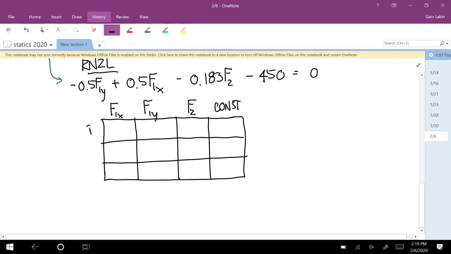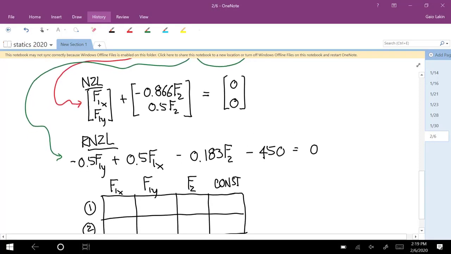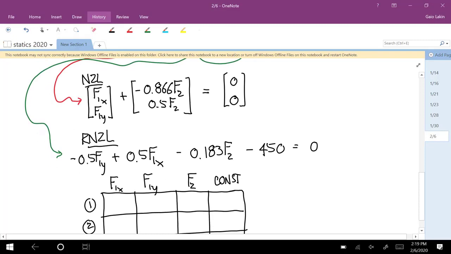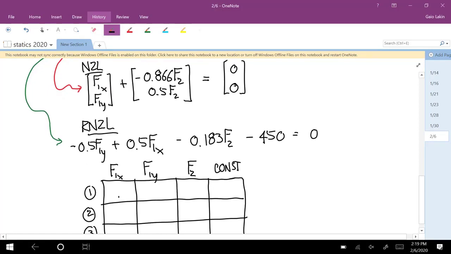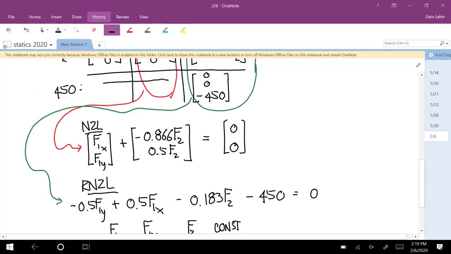And these are equations 1, 2, and 3. The first equation is the x component equation for Newton's second law. So F1x's, we have 1. F2's, we have negative 0.866. And the other 2 are zeros.